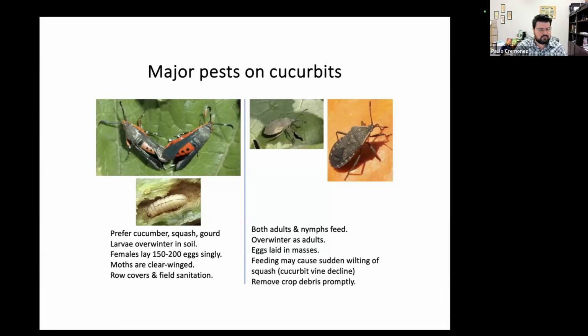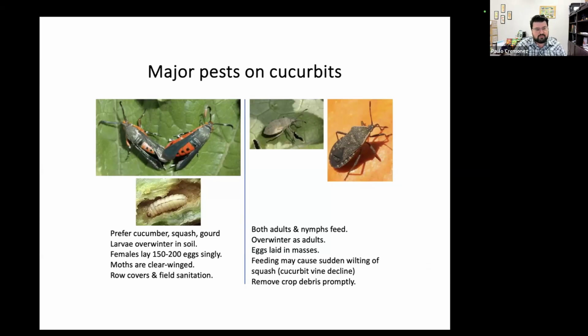Talking a little bit about the major pests on cucurbits in the Alabama scenario, in the Southeast, we have the squash vine borer. They can be very problematic and very destructive. They prefer cucumber, squash, and gourd. The larvae overwinter in the soil, so you will see the galleries coming up at the very base of the plant, and they will kill the plant.